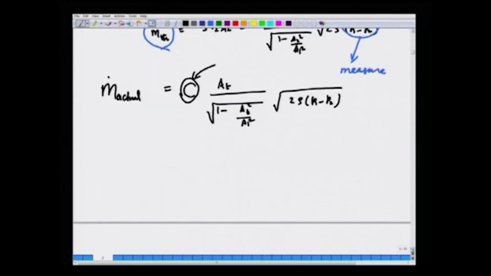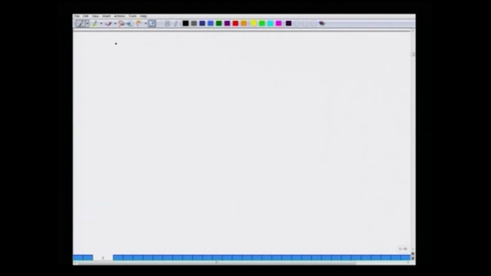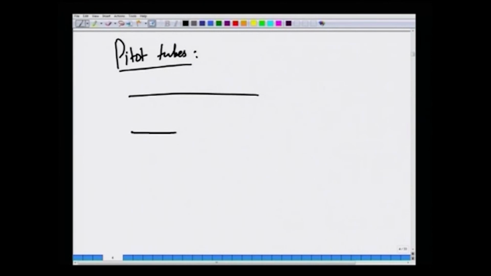We just started this discussion on what are called pitot tubes. Okay. Now, one way to measure the pressure in a flowing liquid is the following. Suppose you have a pipe or a channel in which fluid is flowing, you can make a small hole, a pressure tap. This is called a pressure tap or a wall tap, and let us say fluid is flowing on the average in this direction.